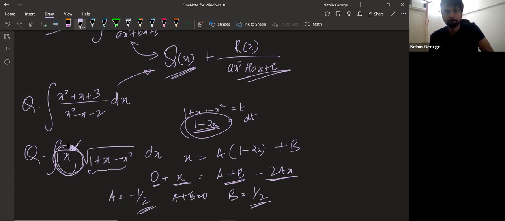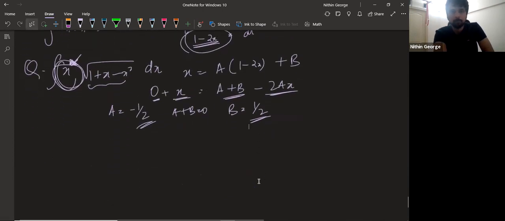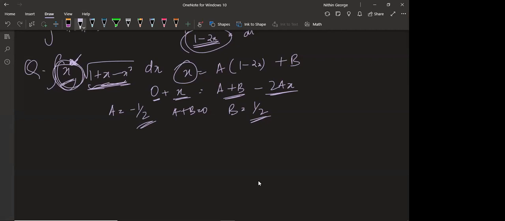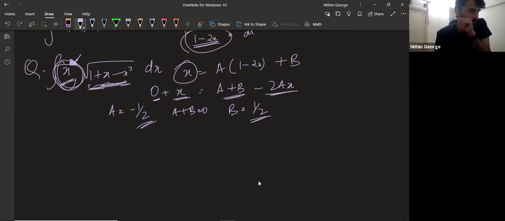Got that? You just write whatever is outside in terms of the differentiated value of whatever is inside the root. You understood how it becomes easier, right?